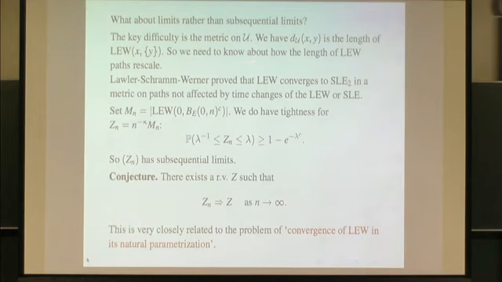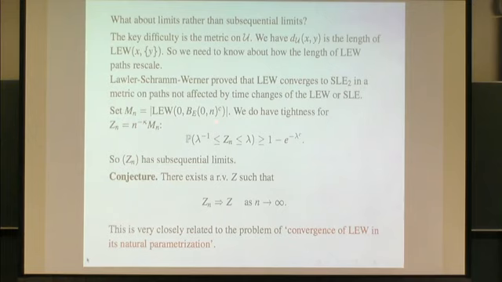So Lawler, Schramm, and Werner proved LERW converges to SLE2, but their metric did not give information about the length of paths, or it was invariant under a class of time changes. Let's set Mn to be the length of loop-erased random walk from 0 to the boundary of the Euclidean ball of radius n.